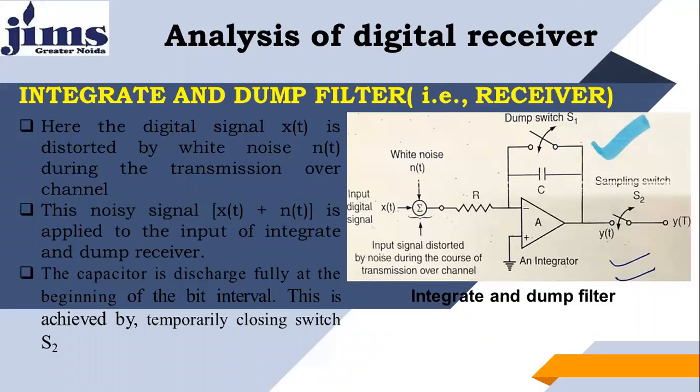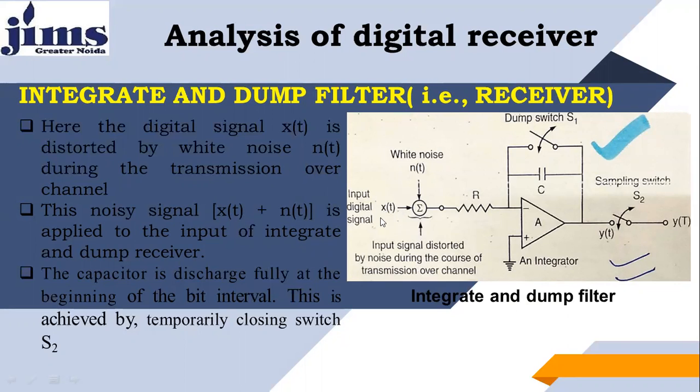Now we consider an input digital signal. If you look at the integrate and dump filter picture, this x(t) is the input digital signal, and this x(t) is a pulse. That pulse may represent a 1 or a 0, only two possibilities, right?